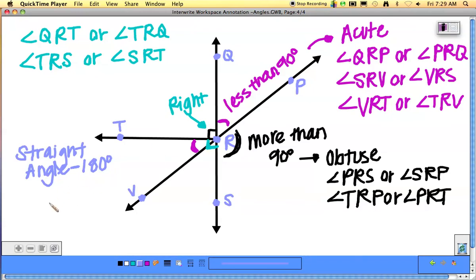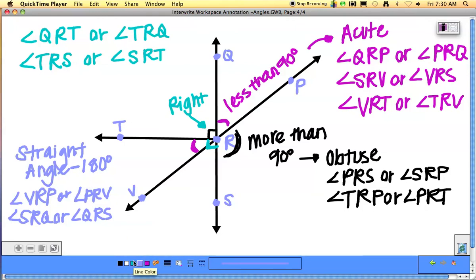So if you look at this picture, there's no obvious one, but if you look at the lines themselves, you can see that angle VRP is a straight angle, or backwards. We also have angle SRQ, or angle QRS.